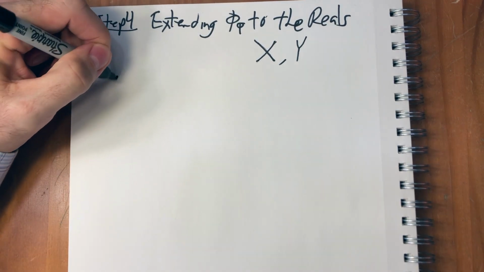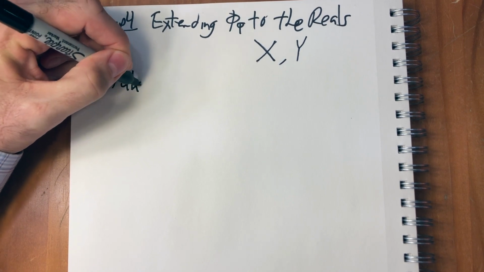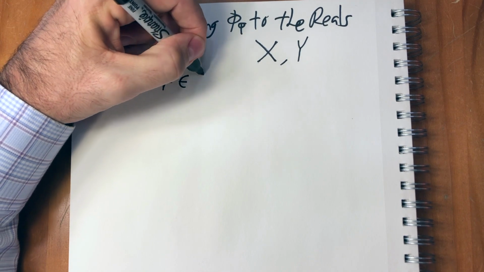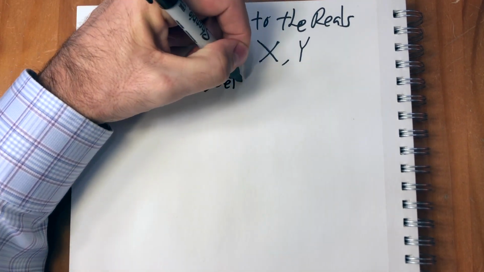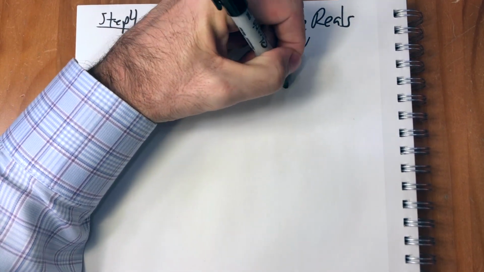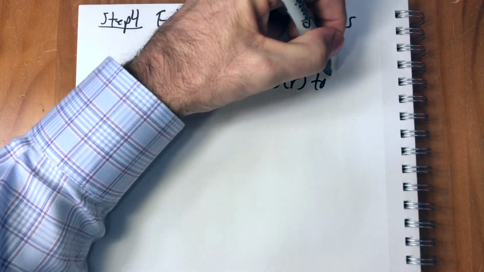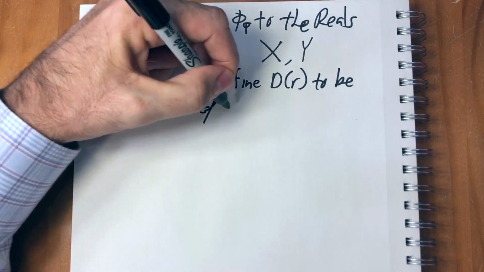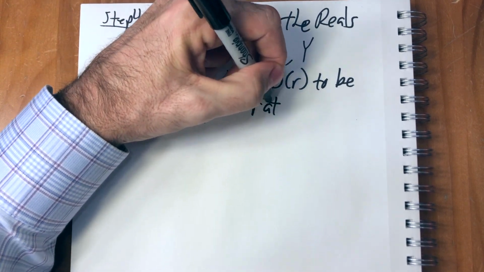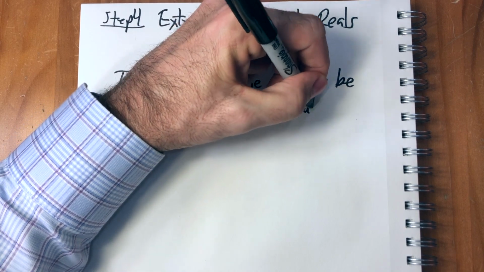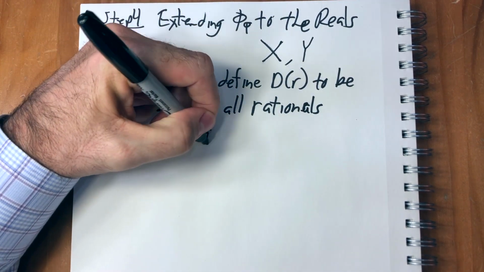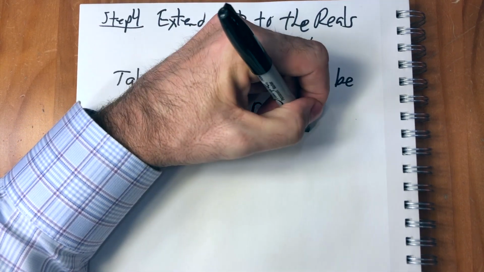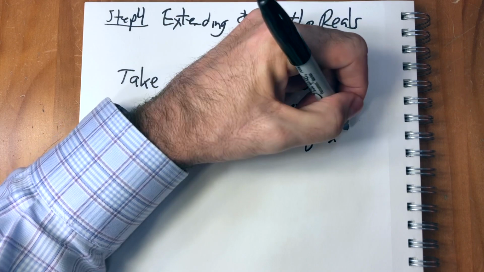First, we're going to have to figure out a way to look at these numbers in x and y. So if we take an element r of x, then we're going to define d_r to be the set of all rationals q, element of Q_x, such that q is less than r.